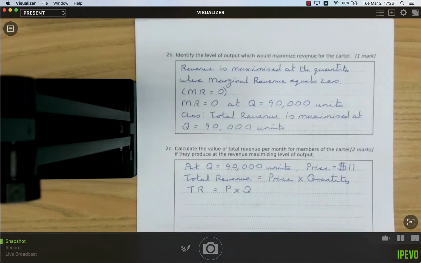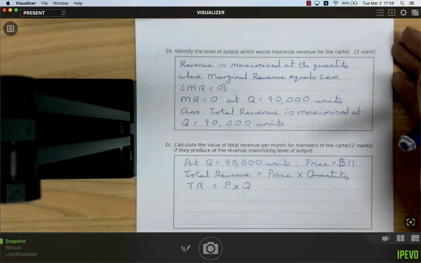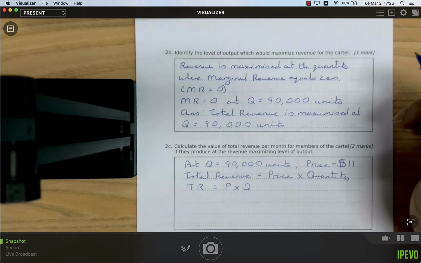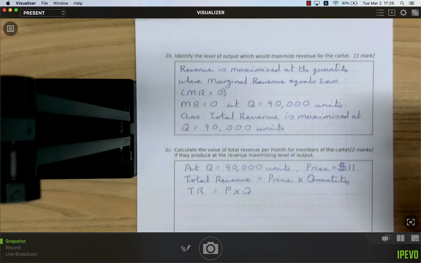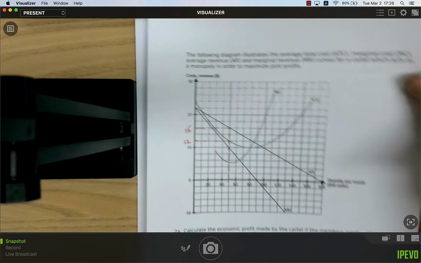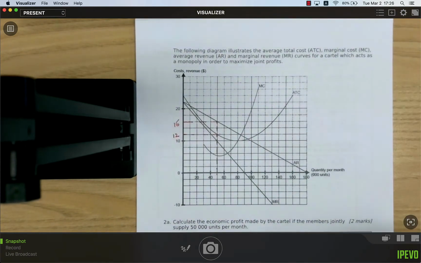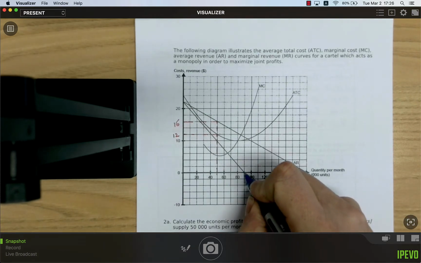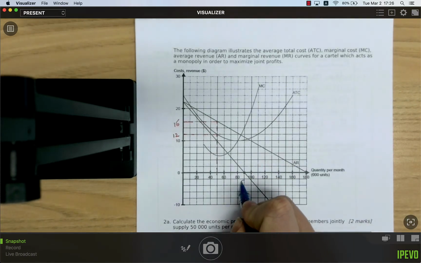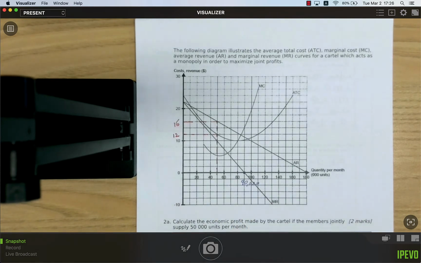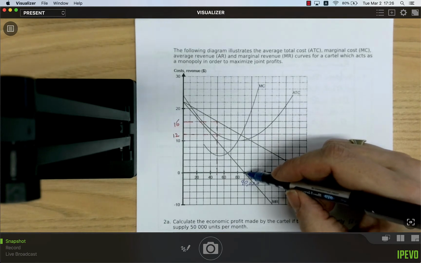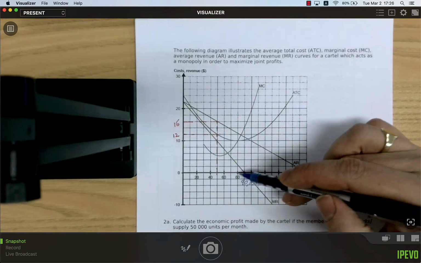Okay, identify the level of output which would maximize revenue for the cartel. Well, obviously I've got my answer written, but let's look at it. We know that the level of output that maximizes revenue is that level of output where marginal revenue is 0. And I think that this is 90,000 units. The reason there is because up until this point, marginal revenue is still positive.